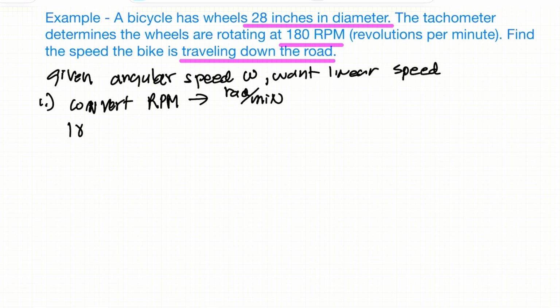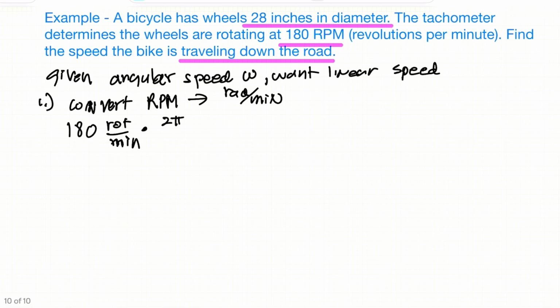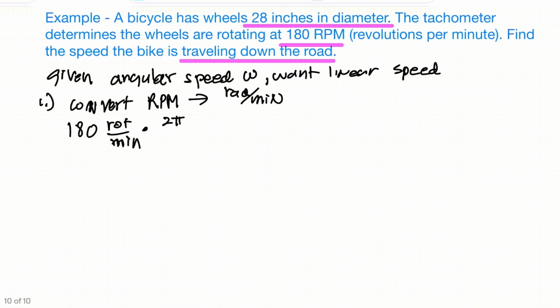So we're given 180, and those are rotations or revolutions per minute. Now we're going to multiply that by 1, written as 2 pi radians over 1 rotation. That's how we do unit conversions. We just multiply by 1, but 1 written in the proper form. 2 pi radians is equal to 1 rotation. Now we see in this case that our rotations are going to cancel out.